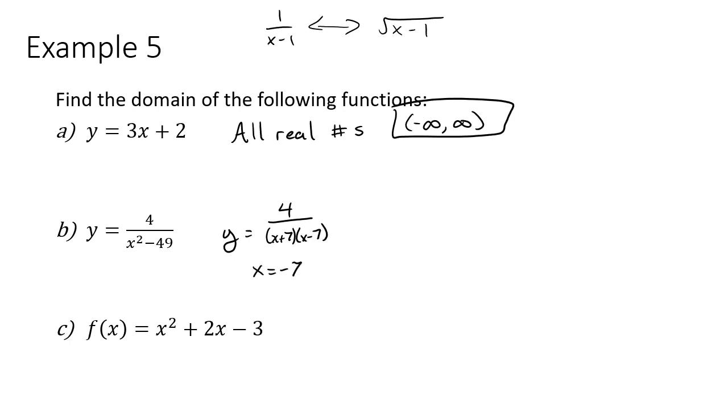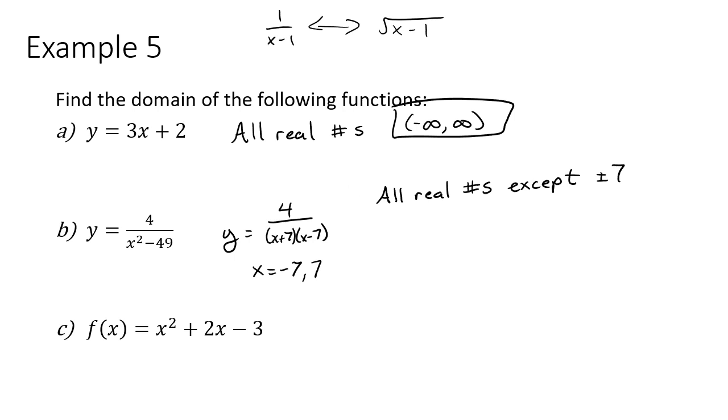But negative 7 would cause the left parentheses to be 0. That's no good. And positive 7 would cause the right parenthesis to be 0. So we don't want that. So our domain then would be all real numbers except plus or minus 7. So that's a verbal description of the domain.